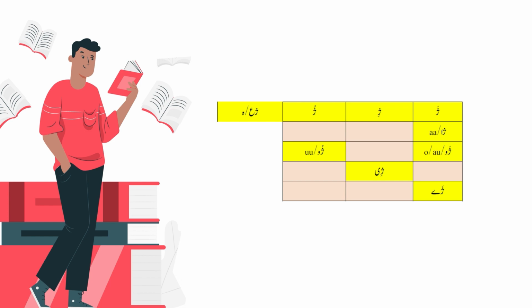So the sounds will be ja, ji, ju, ja, ja, jaw, ju, ji, je. Follow me: ja, ji, ju, ja, ja, jaw, ju, ji, je. These are the sounds of alphabet J.